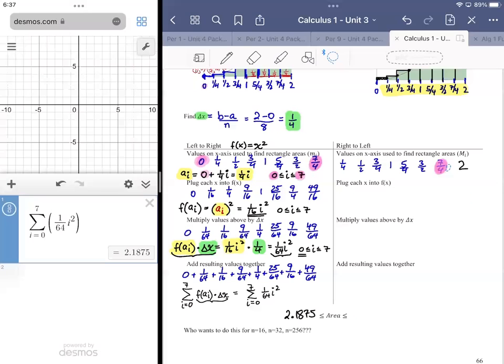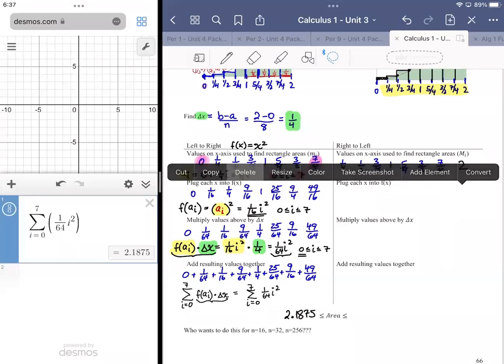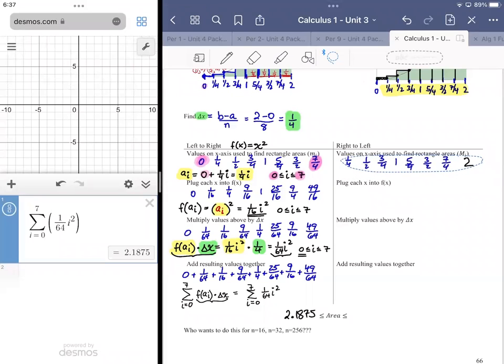But then we also want to be thinking about what that means. In this case, it's really the same sequence, but I don't want to start off at 0. Because if I use the same rule, a sub I is equal to 1/4 I, and I start this off at 0, that's going to give me my first entry of 0 rather than a 1/4.